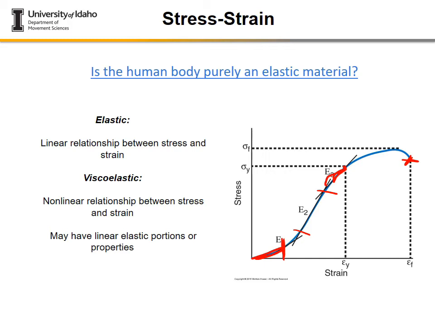But one of the key components that we wanted to make sure you talk about is that there are multiple elastic moduluses depending on where in the loading system you are. And again, if we broke this down to the different components of the elastic region, you could see where, depending on how the structure was aligned in its position and tautness and strength and length, you would have different components, right?